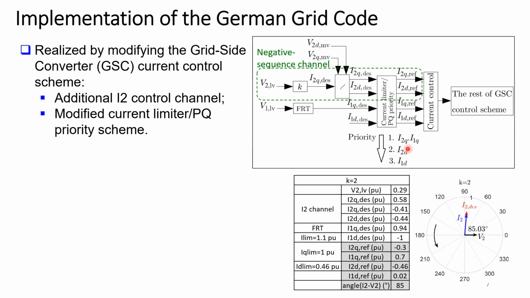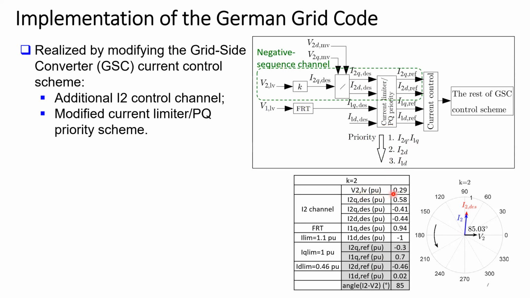The highest priority is given to negative sequence reactive current and positive sequence reactive current. The next highest priority is given to negative sequence active current. And if there is any current capacity remaining, it's given to positive sequence active current.